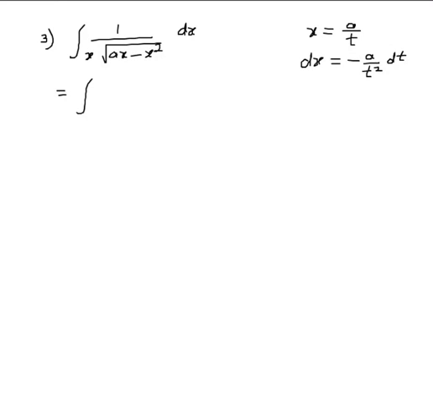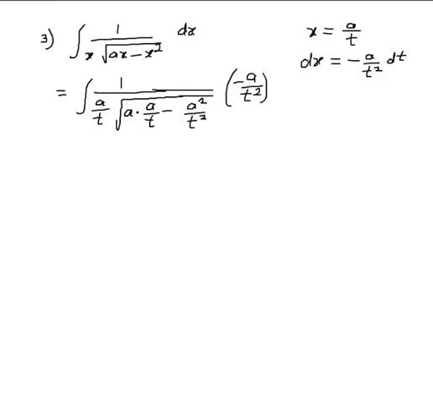Let us substitute. Integral 1 divided by x is a by t, root of a into x is a by t minus x square will become a square divided by t square, and dx is minus a by t square times dt.